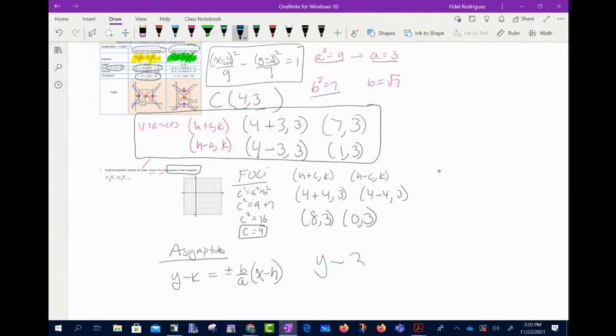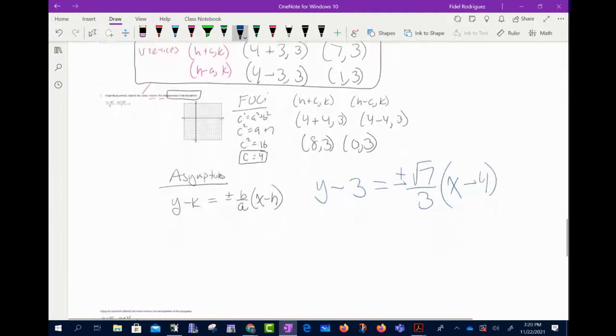So I'm going to say y minus 3 is equal to plus or minus, because I'm going to have two of them, b over a. Here's my a and my b. My b happens to be the square root of 7 over 3 times x minus h. h was the number 4.